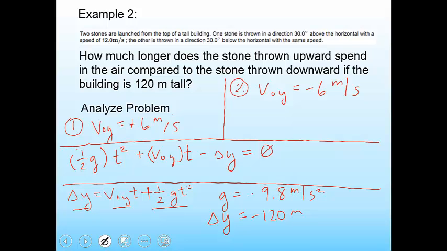Now if this is a quadratic equation, a t squared plus b t plus c equals 0, then we can use the quadratic formula.